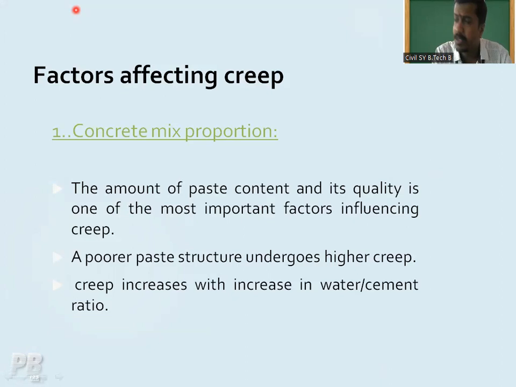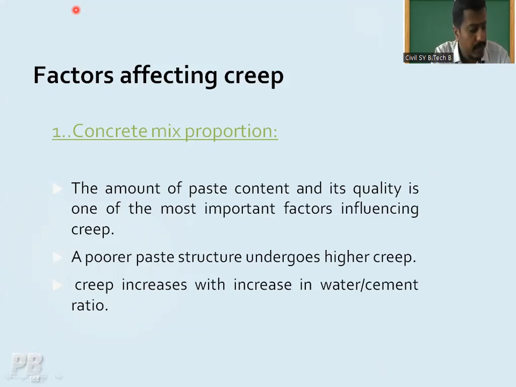Whatever mix proportion you are having, one part of cement, two parts of sand, four parts of coarse aggregate, or maybe one part of cement, 1.3 parts of sand, 2.6 parts of coarse aggregate, whatever design you have prepared, accordingly you have to take the mix proportions. Because if you take it wrongly, then it may lead to creep in the concrete body.